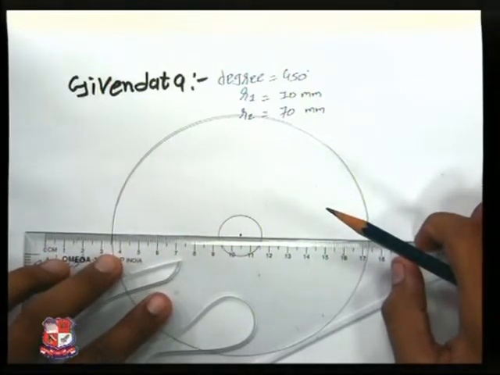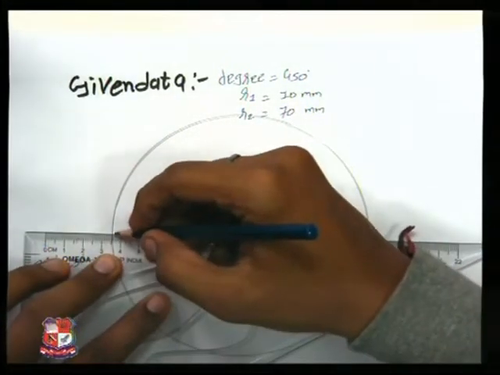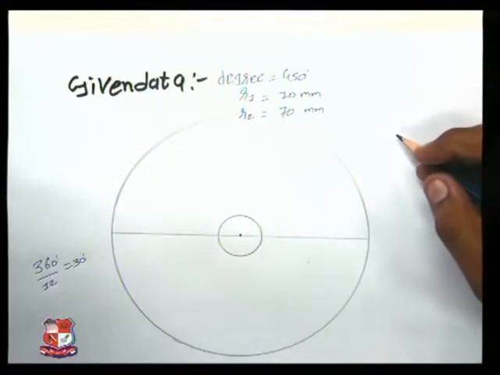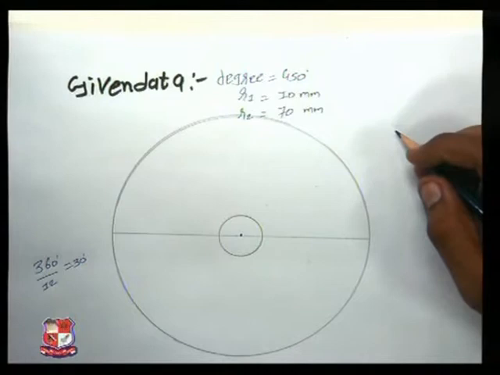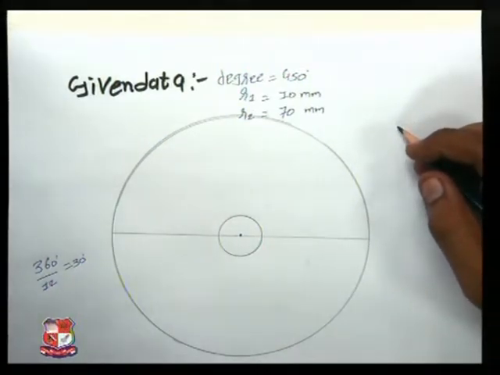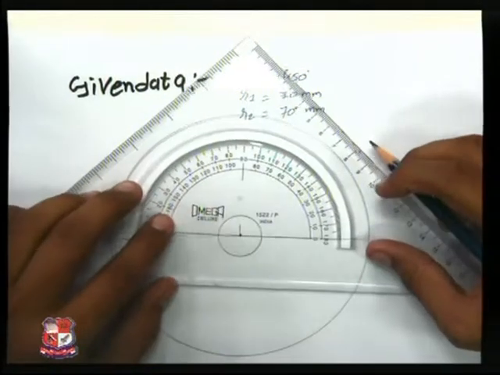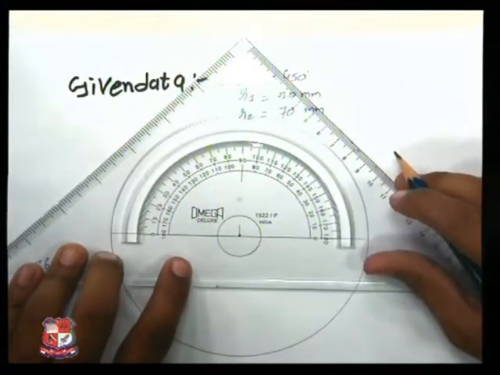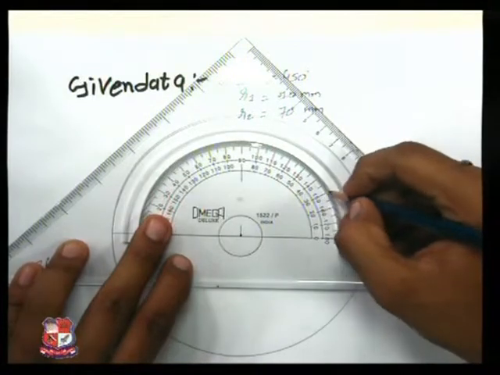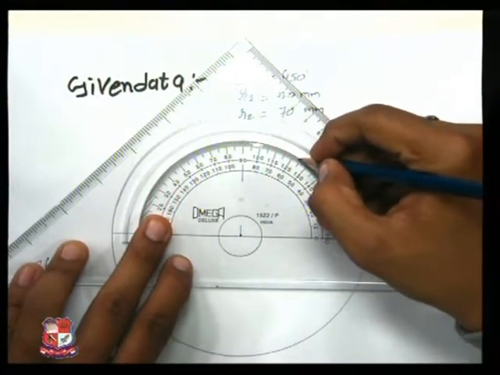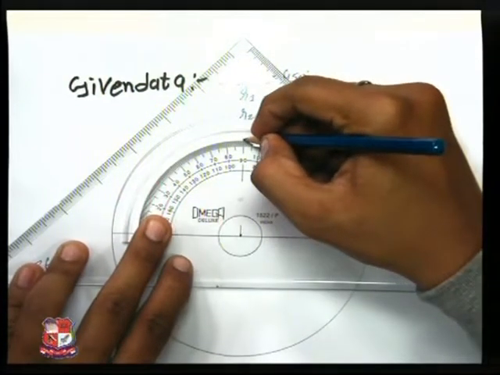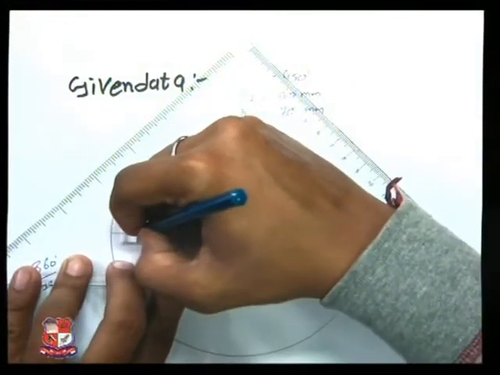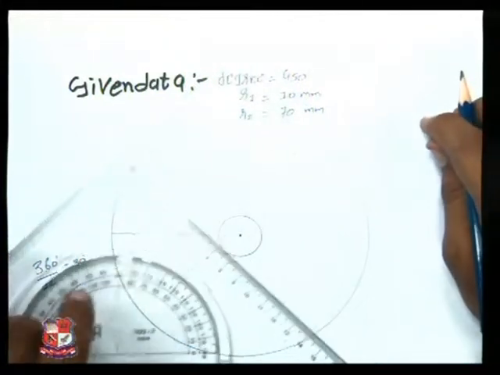First of all, draw a horizontal line from the center, with very light lines. Then put the protractor like this. Mark points 30, 60, 90, 120, 150 and finally 180.